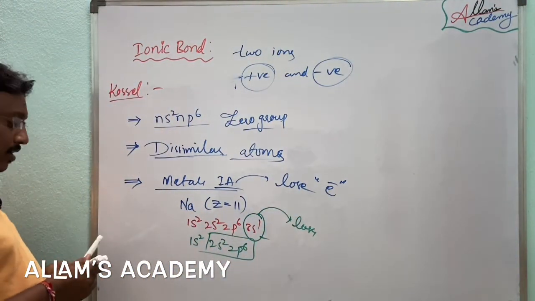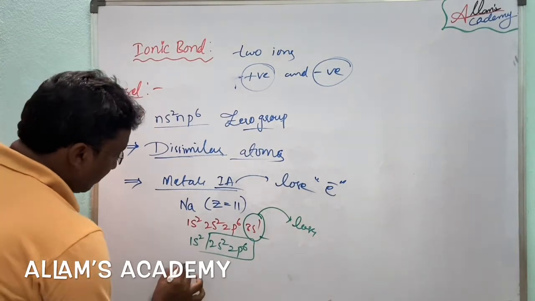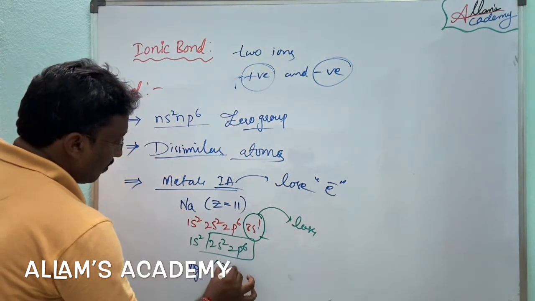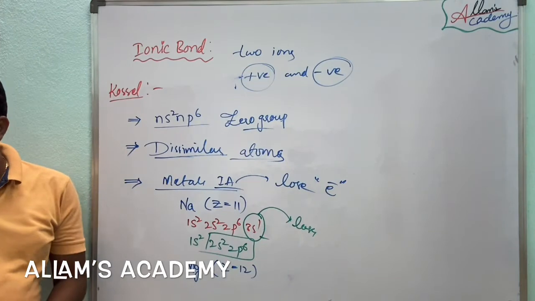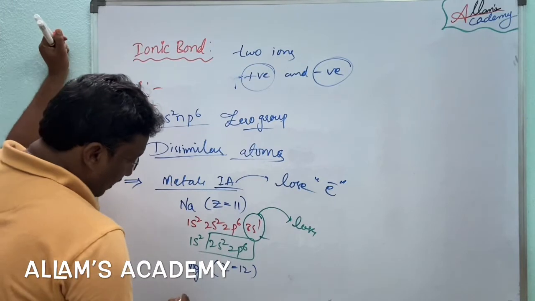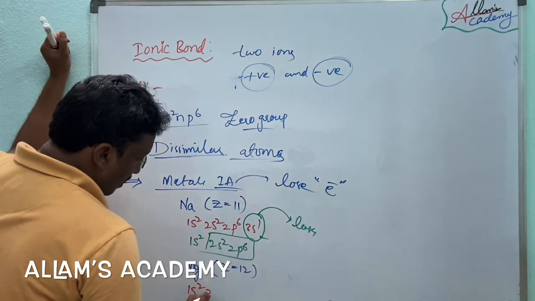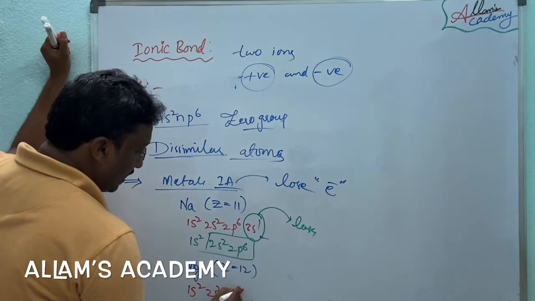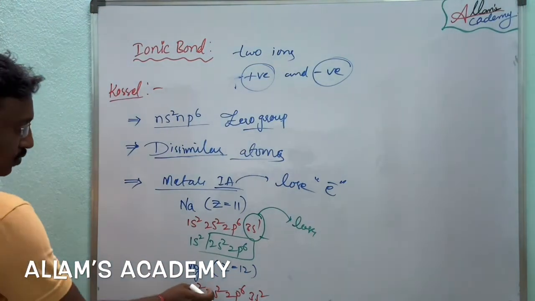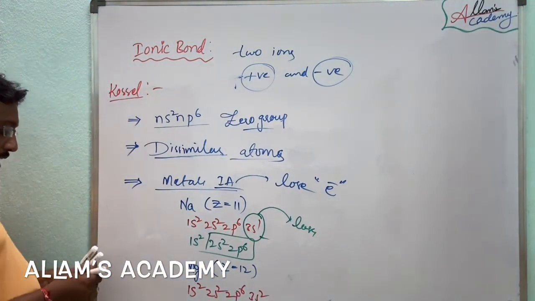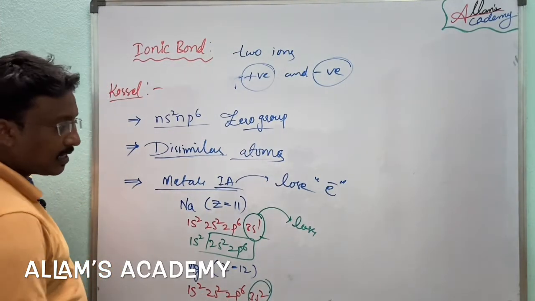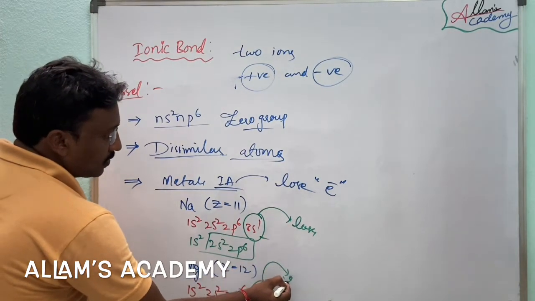One electron. Like magnesium, its atomic number is 12. Its electronic configuration is 1s2, 2s2, 2p6, 3s2. Here magnesium is trying to lose 2 electrons.